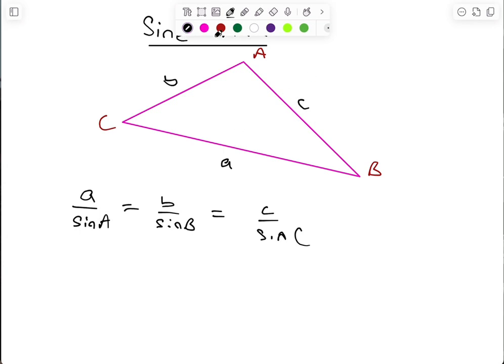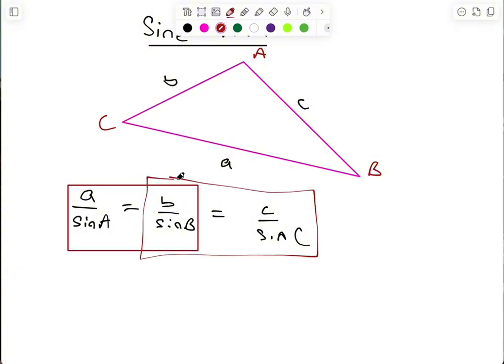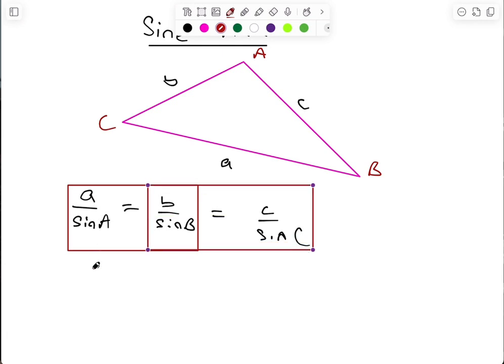So what we do is that we isolate any pair in this case. We can choose to work with these two, or these two, or these two, that is, this and this. Any one that you decide to work with, let's look at it very well.